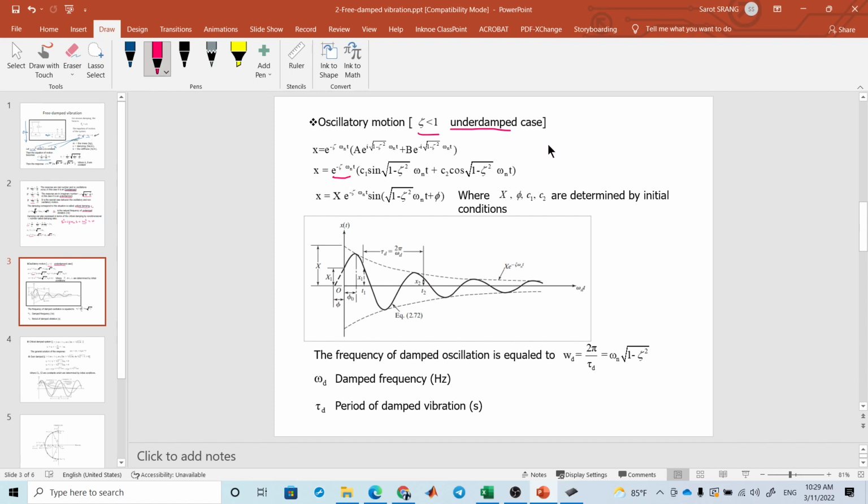If you use the root of the characteristic equation s equal to sigma plus j omega d, then sigma is minus zeta omega n, and omega d is omega n times the square root of 1 minus zeta squared.